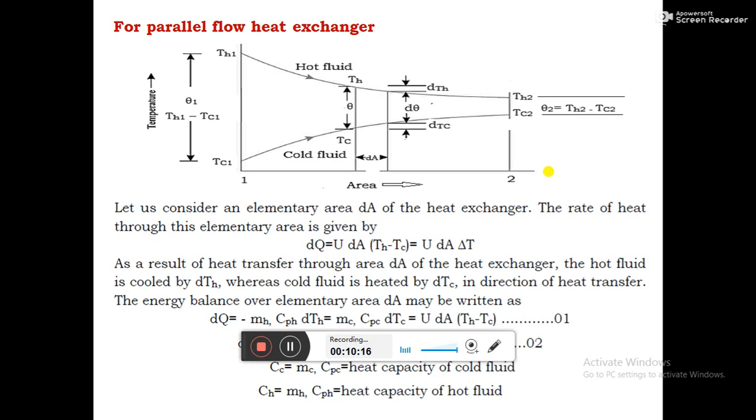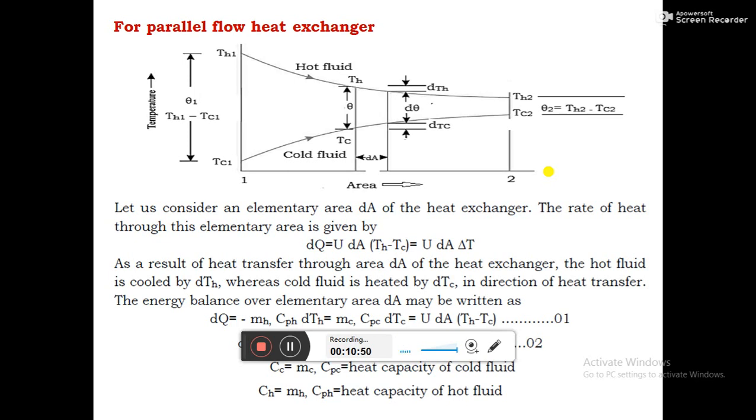Since the hot fluid loses heat, we use a negative sign for the hot fluid in the direction of heat transfer. Since the cold fluid absorbs heat, its temperature increases in the direction of heat transfer, so we use a positive sign for the cold fluid. These two expressions can be equated with U into dA into (Th minus Tc). Call this equation number 1.